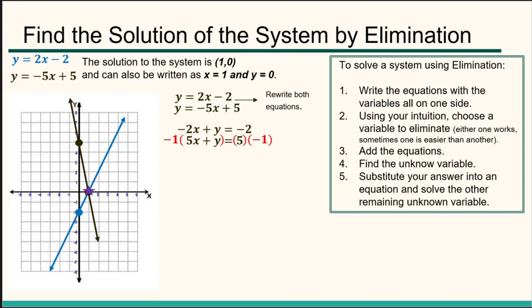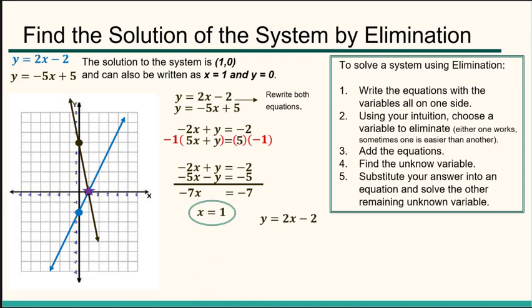So if I pull that same trick and multiply everything through by negative 1, I keep the top equation, and the bottom equation becomes negative 5x minus y equals negative 5. I'll then add those two equations, giving me negative 7x equals negative 7. Dividing both sides by negative 7, I get x equals 1, which is what I already knew.